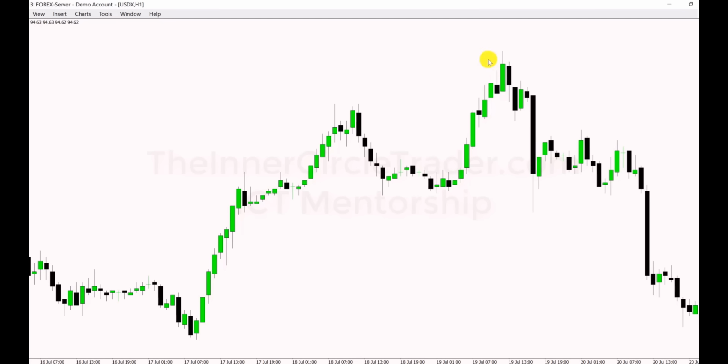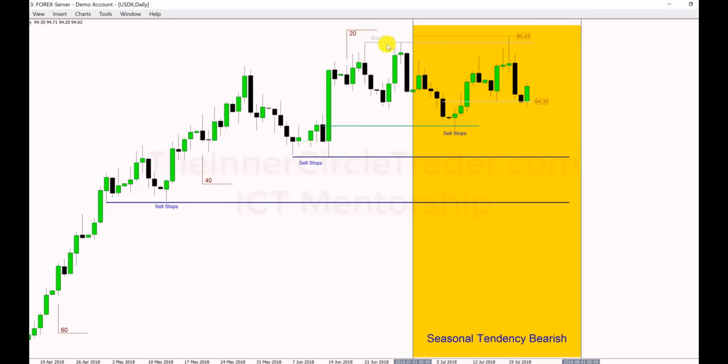Yes, it clears equal highs, but it's going to an area which on the daily chart would want to be swept, which was that 95.55 that was calibrated from 95.53, which is the old daily highs in here. Okay, remember we calibrated that in our amplified lessons for price action model number 5 that was shared with you just a few days ago.